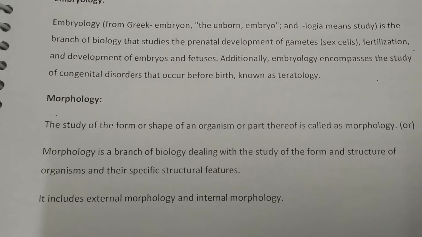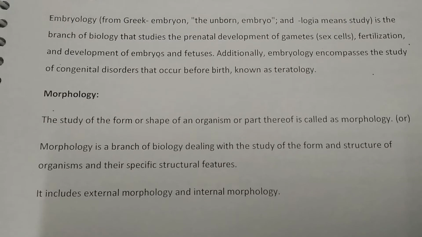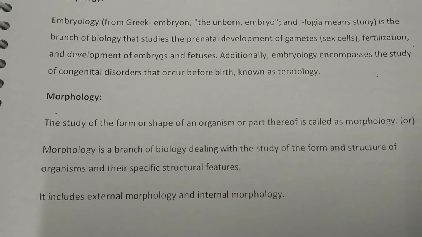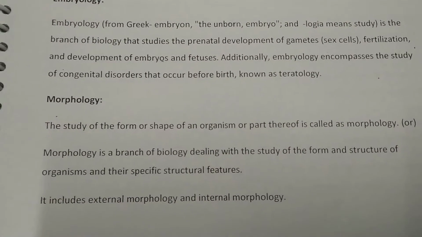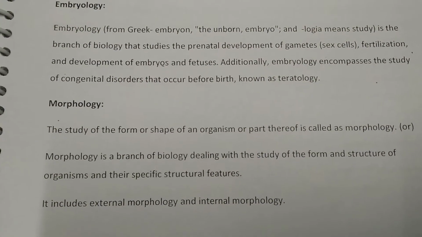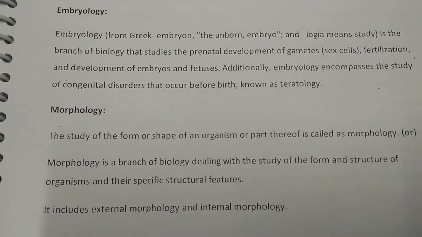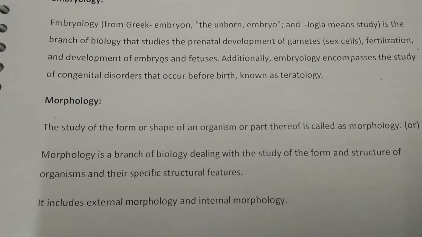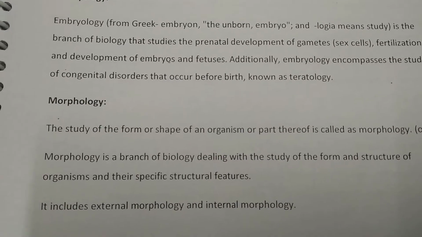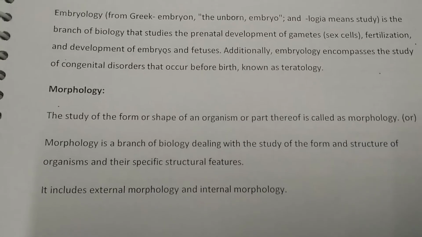Next, moving on to the next terminology, morphology. Study of various shapes of a particular organism, that is human being. Say for example, it can be the shape of the ear, shape of the nose, eyes. This is called as morphology. There can be two types of morphology. The external morphology, which I just now mentioned, and internal morphology.